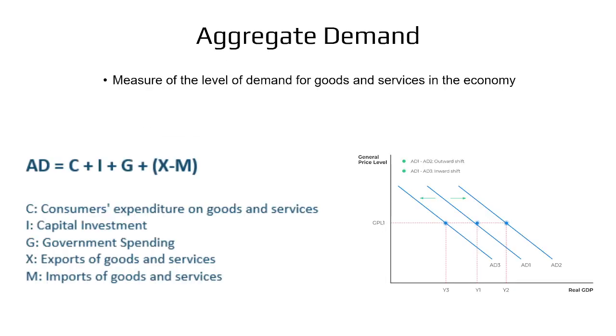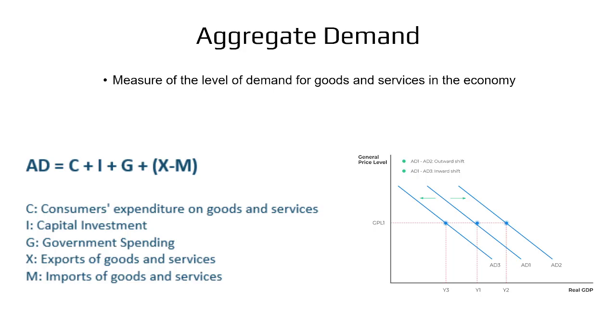So we start off with aggregate demand, which is arguably the most important factor in an economy, which is the level of demand in an economy for the goods and services that are produced. So this is the level of how much the goods and services produced in an economy are desired and purchased by the consumers.